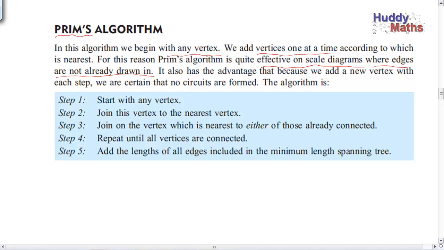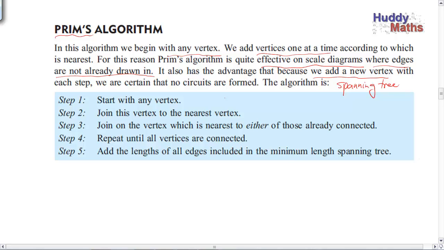We add a new vertex with each step, so you won't form a circuit. There's no reason to come back to the beginning. This is called a spanning tree. You need connections between all the points, but you don't have to travel around and form a circuit. You don't want a circuit.